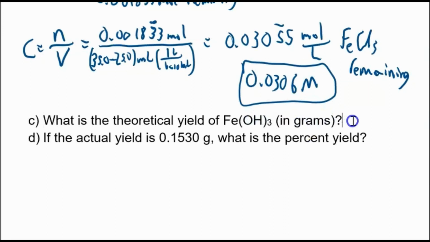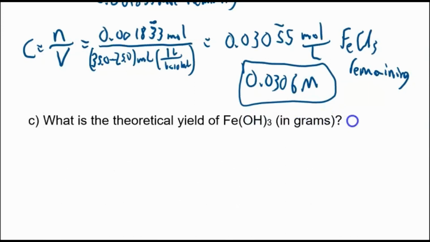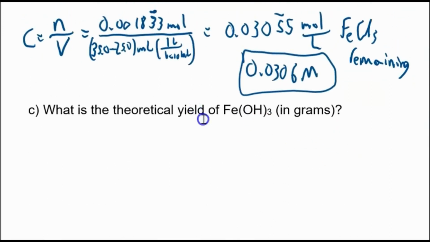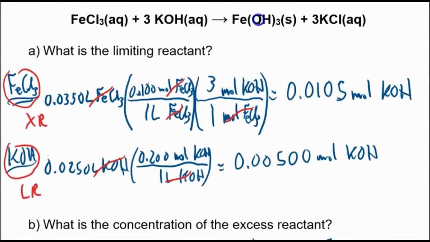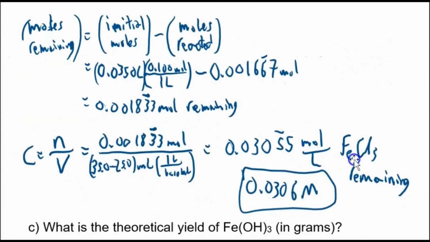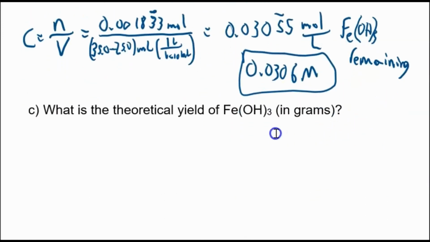So I know these questions are kind of long, but there's not really much way around it. What is the theoretical yield of Fe(OH)3? Why did I do Cl3? It should be OH3. There we go. Okay, life is good. What's the theoretical yield? The theoretical yield is based on the limiting reactant.